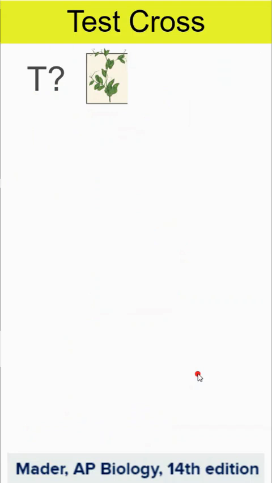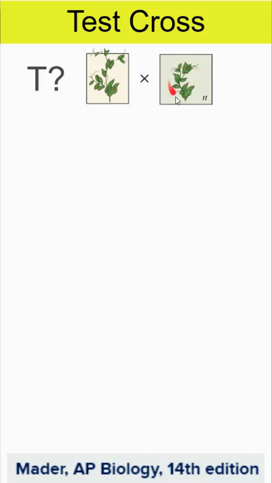Again, we have P crosses and F1 crosses, but you can also have test crosses. If you have a tall pea plant and do not know its genealogy, how would you know its genotype, whether it would be heterozygous or homozygous dominant? You can cross it with a genotype that you know. If you're using the dwarf varieties, you know that the genotype is little t, little t.